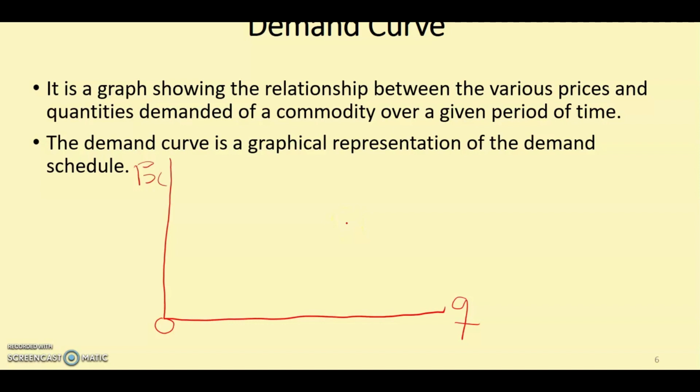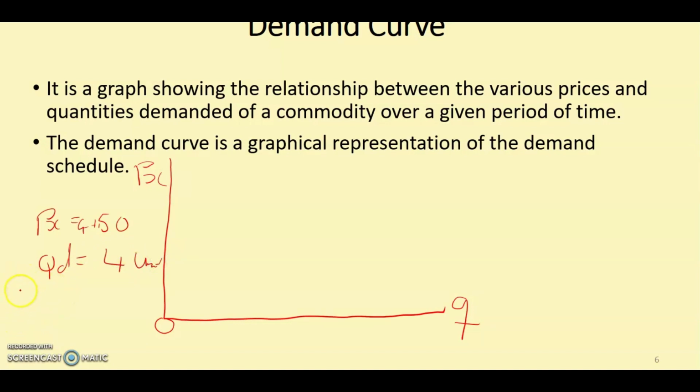Now, since we are dealing with economics, which also involves assumptions, let's assume that the price of a commodity is, let's say, 50 cedi. Then the quantity demanded of that commodity is, let's say, 4 units.